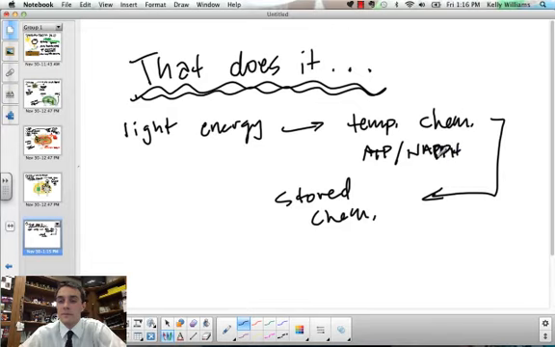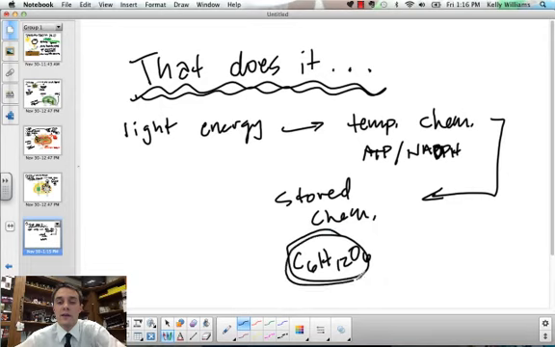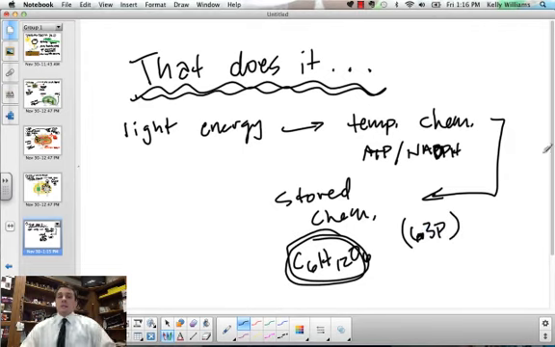Make that a D there. D. Okay? And the stored chemical energy, we usually jump the gun and we just say right away, it's glucose. Okay? Stored chemical energy being glucose. But you're going to see G3P quite a bit. Alright? That's the major premise of photosynthesis.